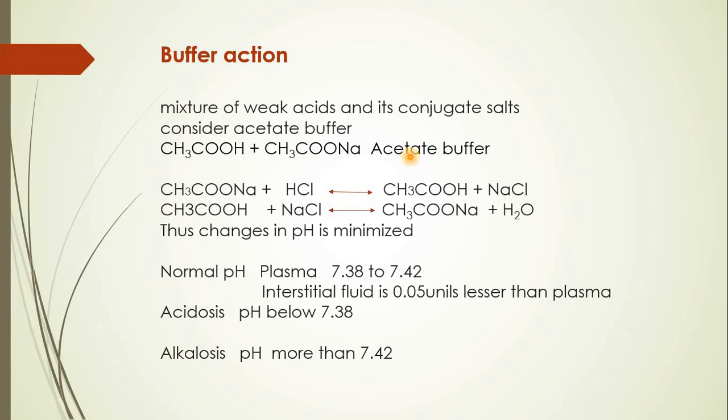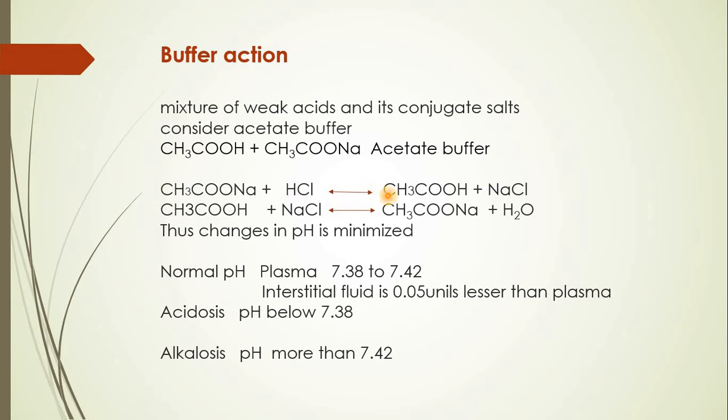Now in this acetate buffer, if we add an acid or an alkali, we would like to see what its effect is. Now let us consider the equation where we have the sodium acetate. If it is subjected to addition of HCl, that will lead to formation of a mild acid, that is acetic acid, and NaCl will be formed.